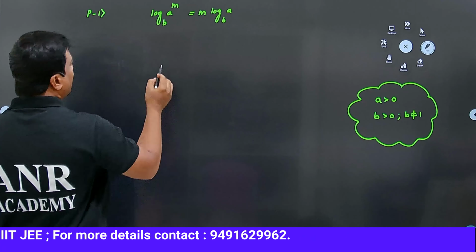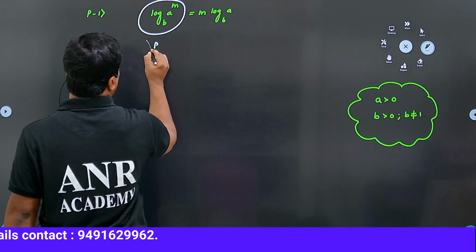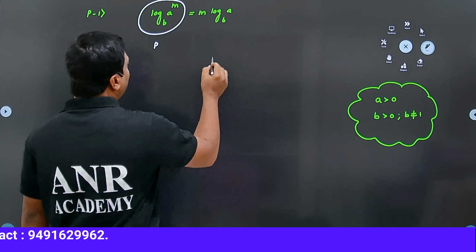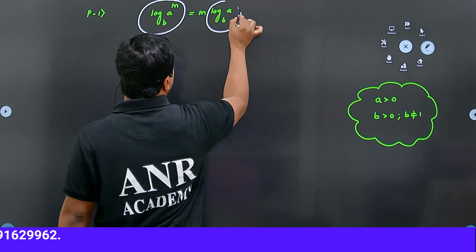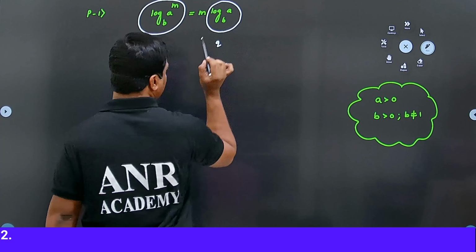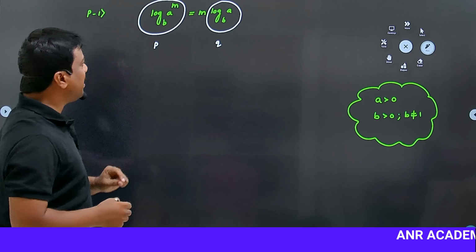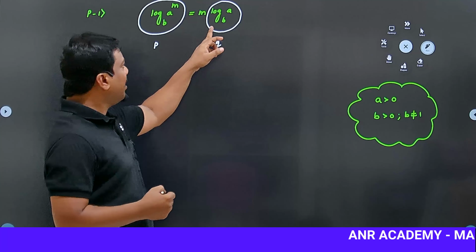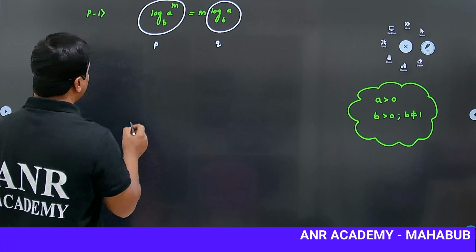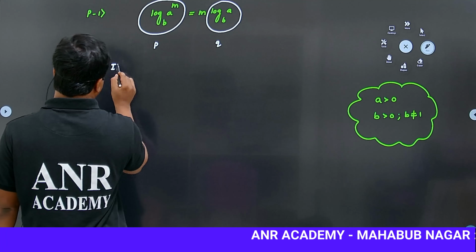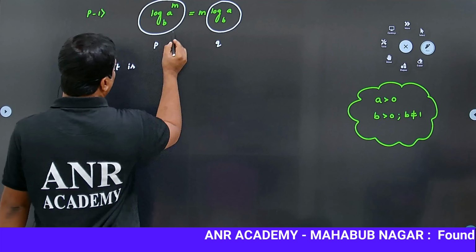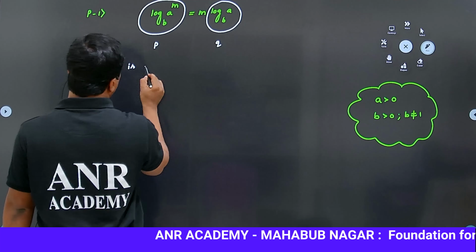Assume that this is some p and this one as q. When you select log a power m base b as p and log a base b as q, it is enough to prove that p equal to m into q.